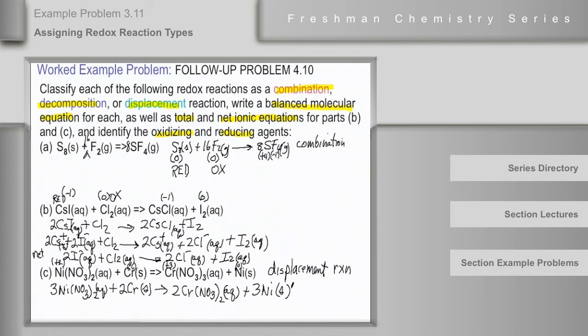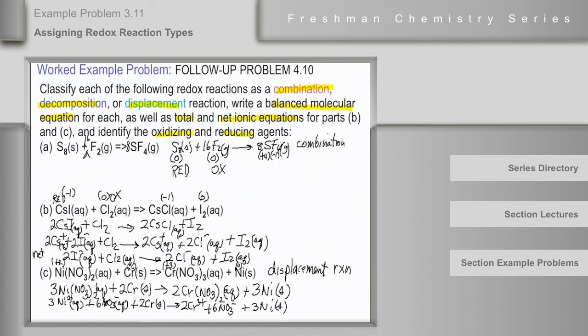And as far as the total ionic equation goes, we have 3 Ni2+ aqueous plus 6 nitrate ions, 3 times 2 is 6, aqueous, plus 2 chromium solids goes to 2 Cr3+ plus 6 nitrates plus 3 nickels.